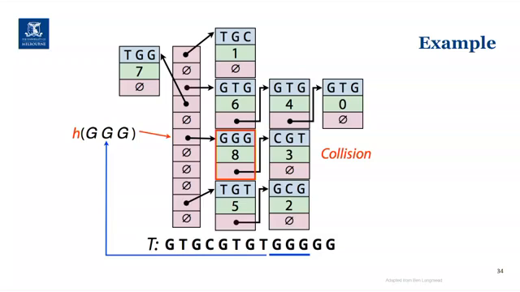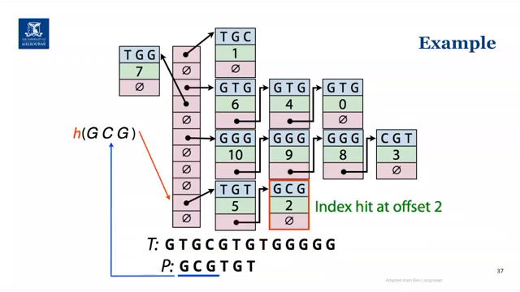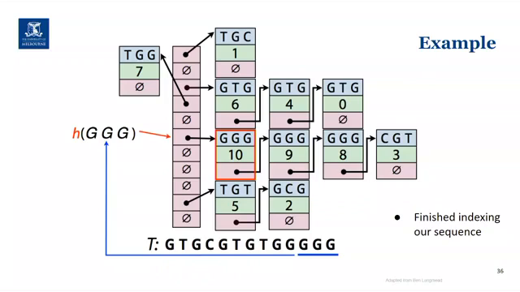It will be inserted, and so on and so forth. More repetitions, and we finish indexing our sequence with this hash table. And hopefully, considering that we have a good hash function, this hasn't deteriorated too much our ability to find information.